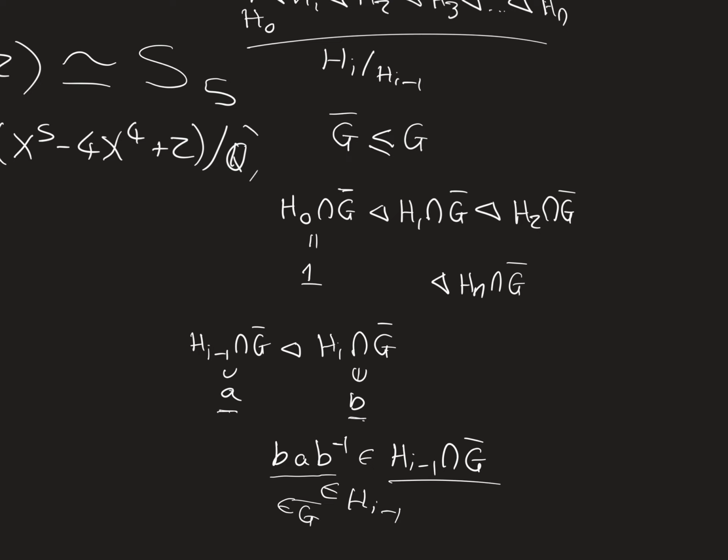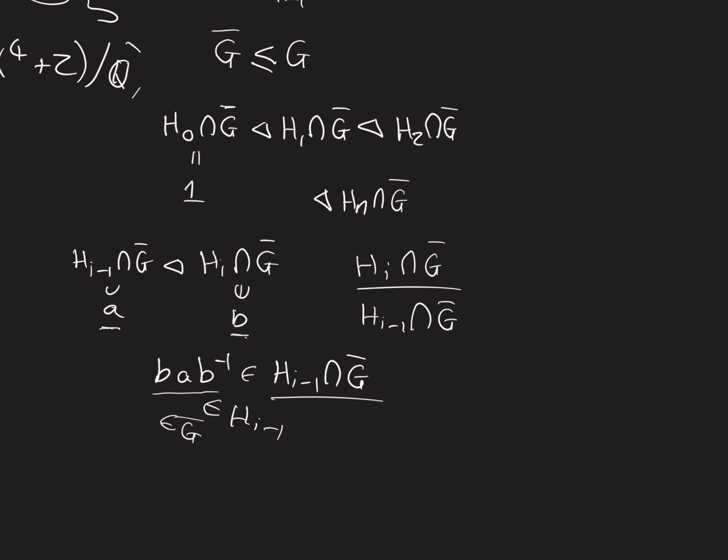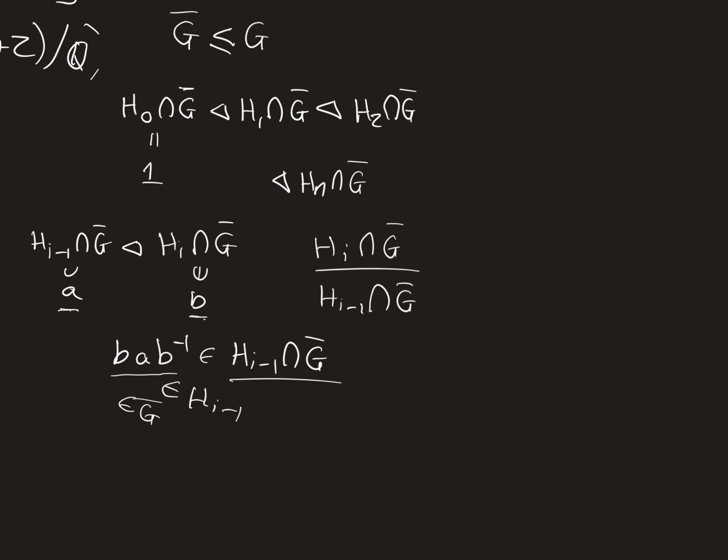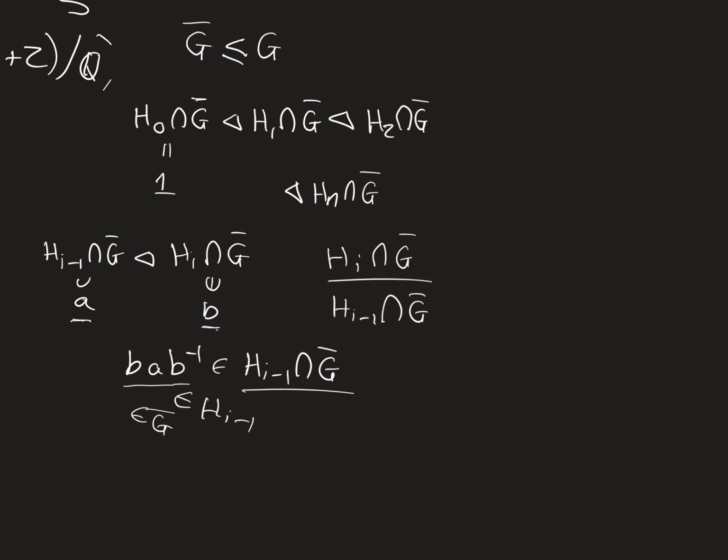Then the harder bit: you have to argue why Hi intersect G bar, quotiented out by H(i-1) intersect G bar, is an abelian group. How are we going to do that? I think probably the best way to go is, again, to prove that the commutator of the group is inside the thing that we're quotienting out by.